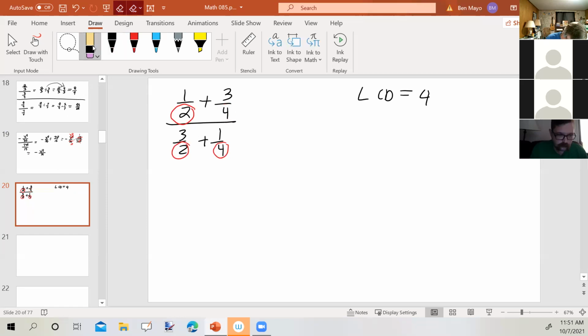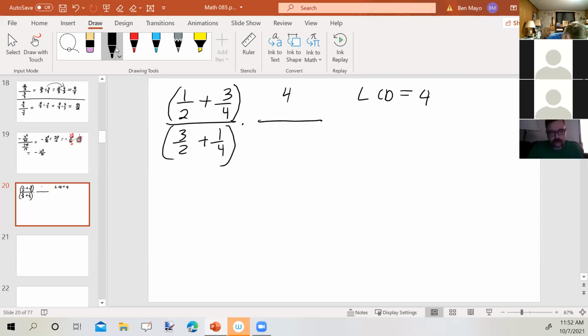So now what I'm going to do is multiply the complex fraction by the LCD over the LCD. The reason I'm writing these ones is to remind you where those 4s are.